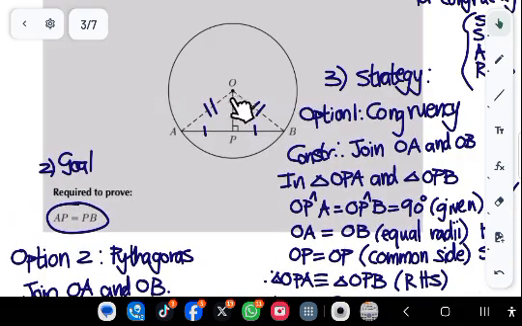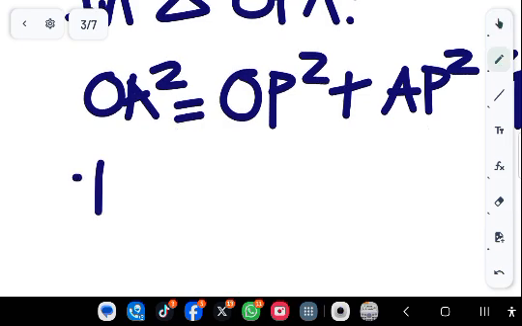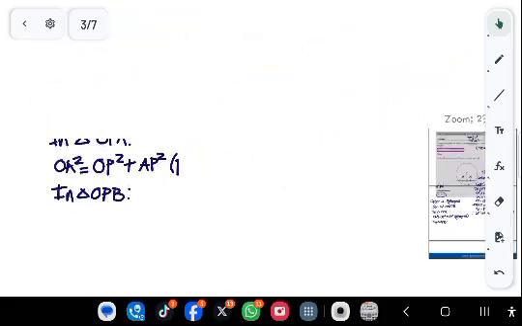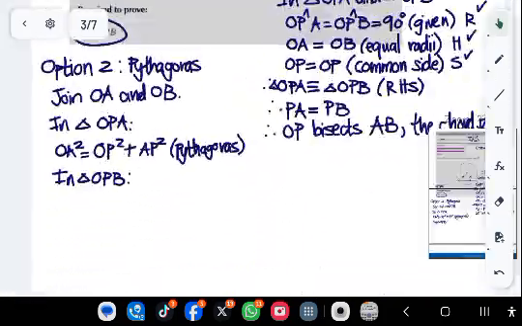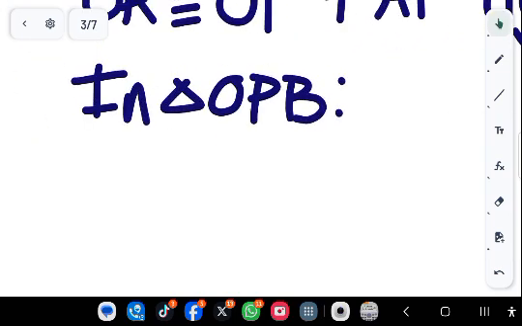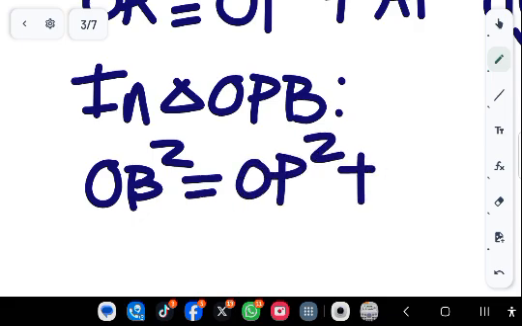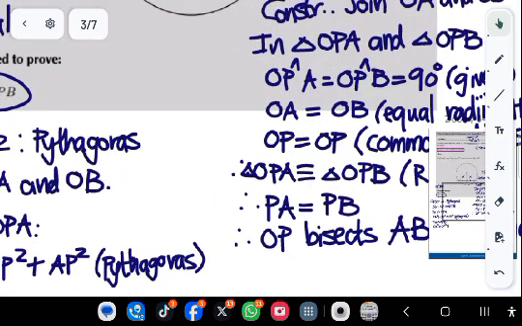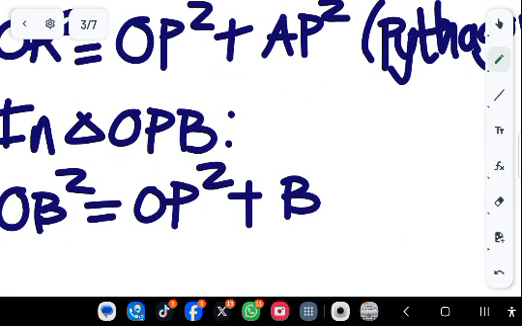Also, in triangle OPB, the square of the hypotenuse OB equals OP squared plus PB squared, or BP squared.